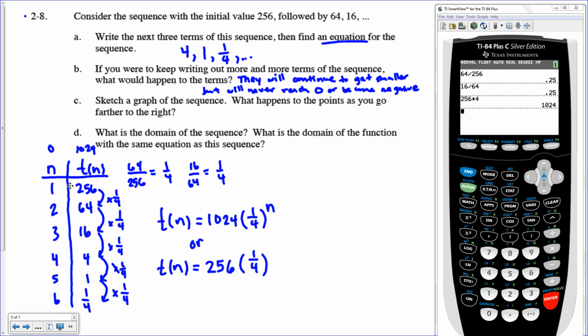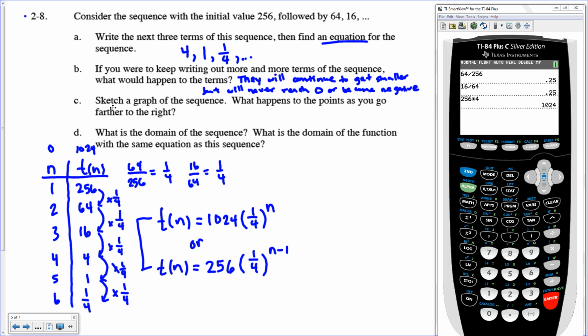So if I wanted to end up with my first term being 256, and I plugged in 1 here, that means I would already have 256, and I would need to multiply it by 1, which means I would need to have 1/4 0 times. So the way you would represent something like that would be n minus 1. Some people are taught this way, other people are taught this way. Both are correct. That is the answer for part A there, for the equation.